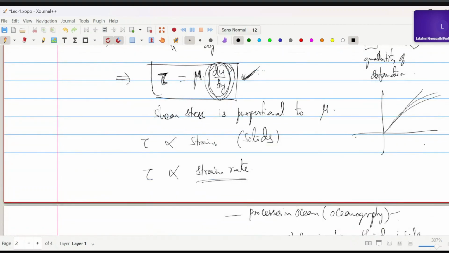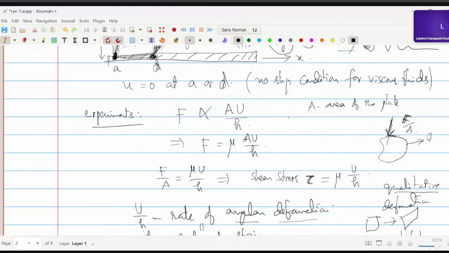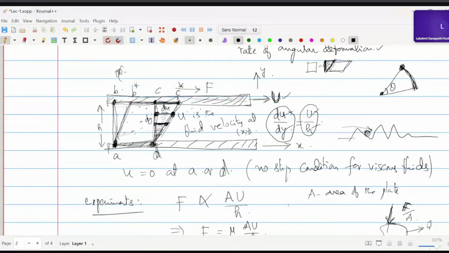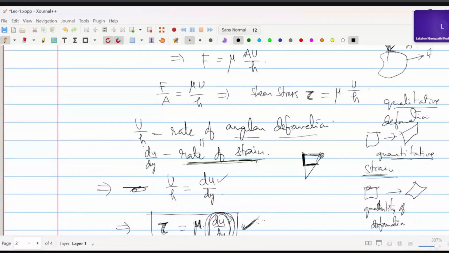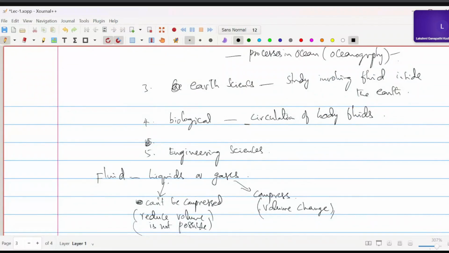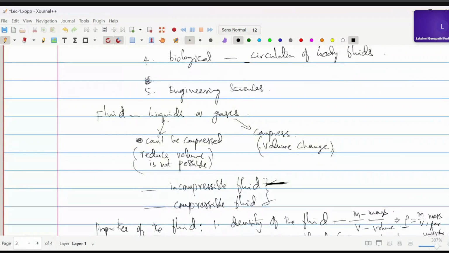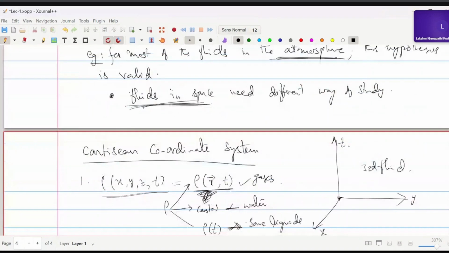Maybe I misplaced this page, which I added in between. Whatever we taught yesterday is here. I'll modify that, we'll cut and paste later. Don't worry, we'll go to the next.